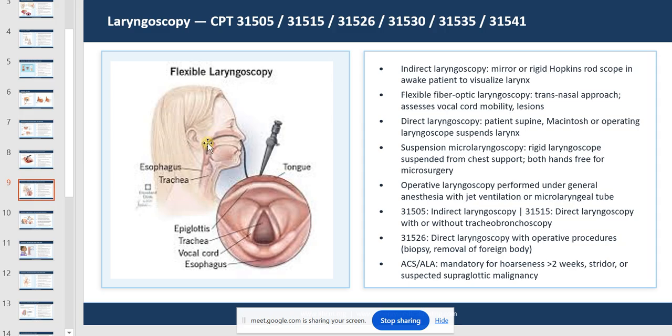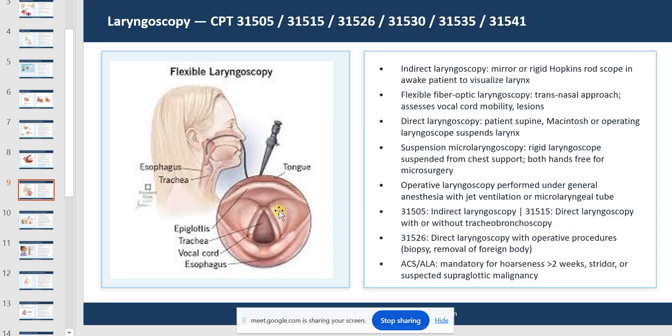So this is flexible laryngoscopy. This can be inserted through the nose or mouth, and this is the larynx area. When you see the larynx, you'll be able to see the epiglottis as well as the vocal cords. The esophagus is behind the larynx.